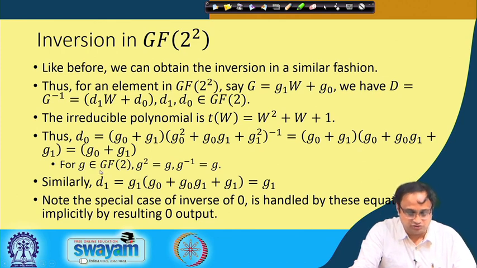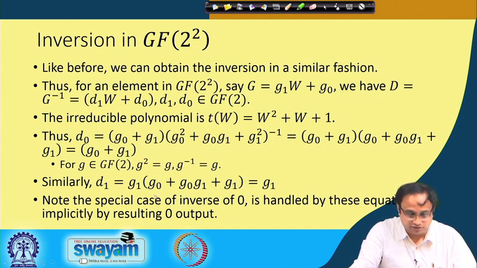So, what we are trying to say here is that for any non-zero GF(2) element, suppose it is 1, then I can write G squared as G, and likewise G to the power of minus 1 as G. So, with this simple observation, I get D0 as G0 plus G1, and likewise my D1 is equal to G1 into (G0 plus G0 G1 plus G1) to the power of minus 1, but I can neglect that minus 1 in a similar way, and therefore I get only G1.